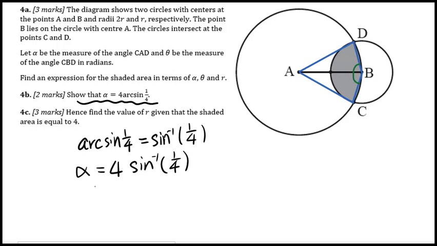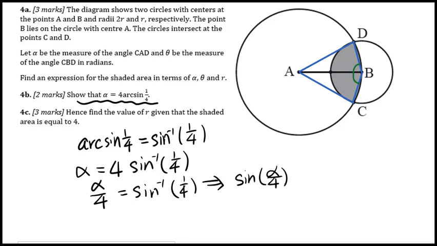Divide both sides by 4, and you will get alpha over 4 equals inverse sine of 1/4. For this, we can write down sine alpha over 4 equals 1/4. So you need to figure out this sine alpha over 4.